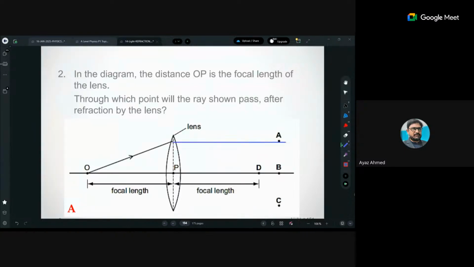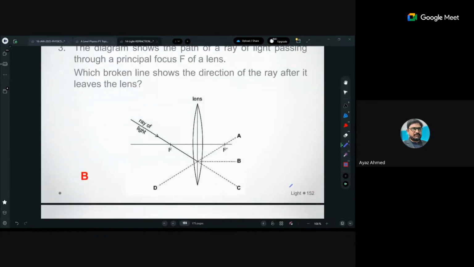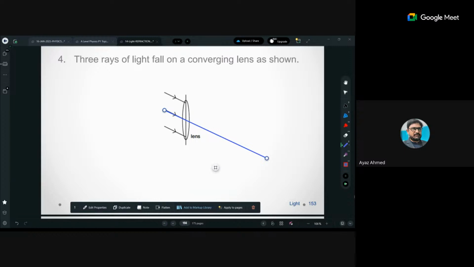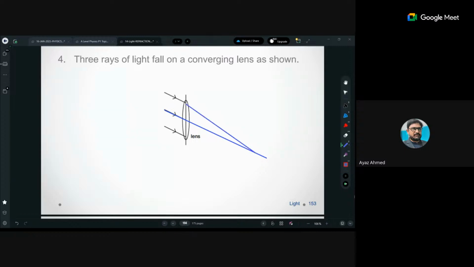So it would be A. If the light ray is passing through the principal focus, it would become parallel. So the right option will be B. If light rays are incident on this lens in this way, the middle one would not bend. It will converge here. You can draw it anywhere.